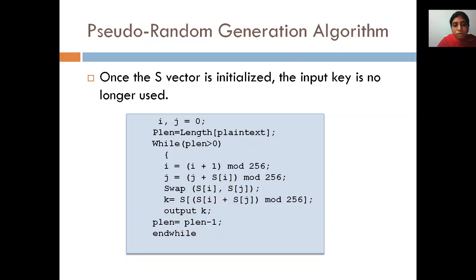We start with i, increment it, and take mod 256. Then j plus S of i, mod 256, then swap. Then we get the key value as S of i plus S of j mod 256, and the output is k. This k value is XORed with the plain text to get the ciphertext values.